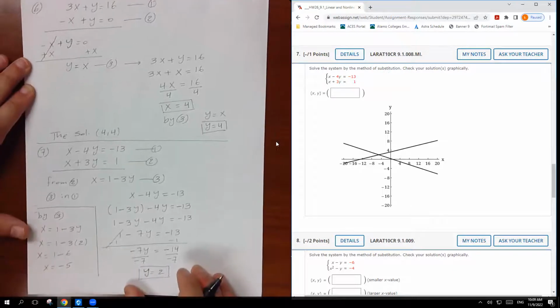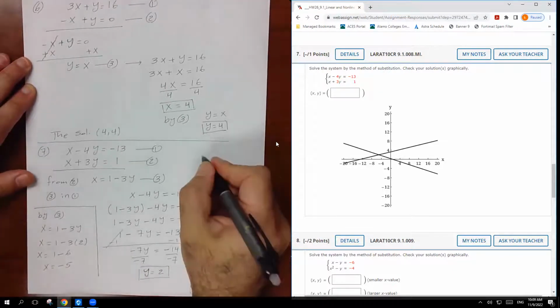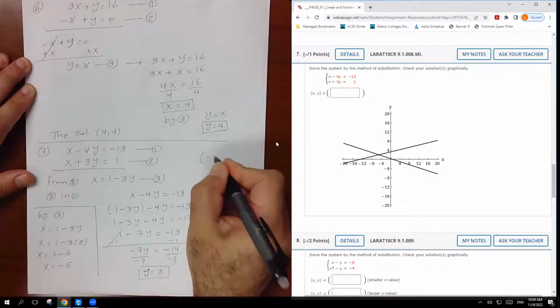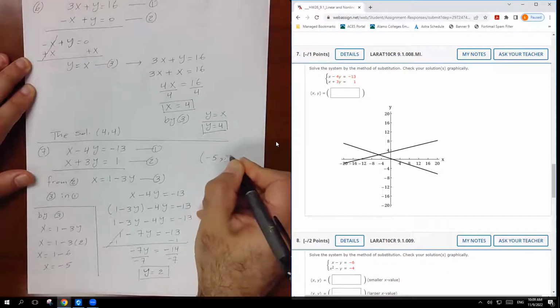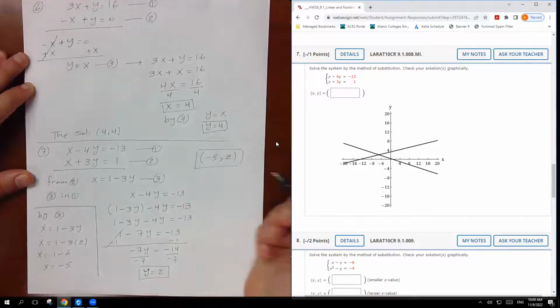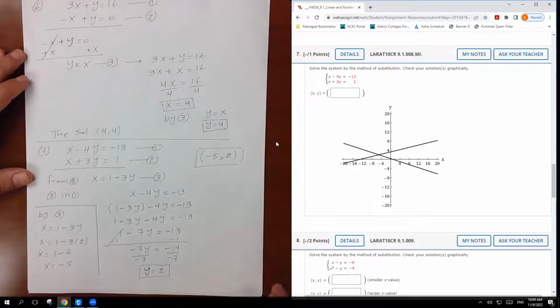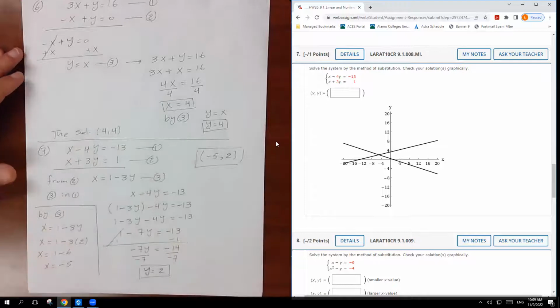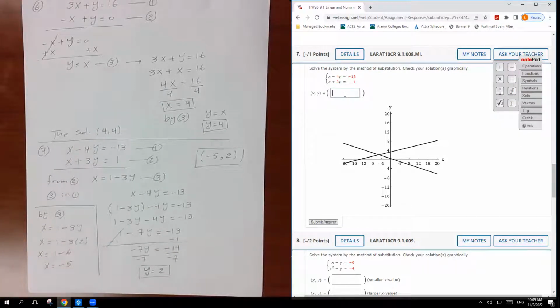So the solution for this system is x is negative 5 and y is 2. This is our solution, and it will satisfy both equations. So our solution is negative 5, 2.